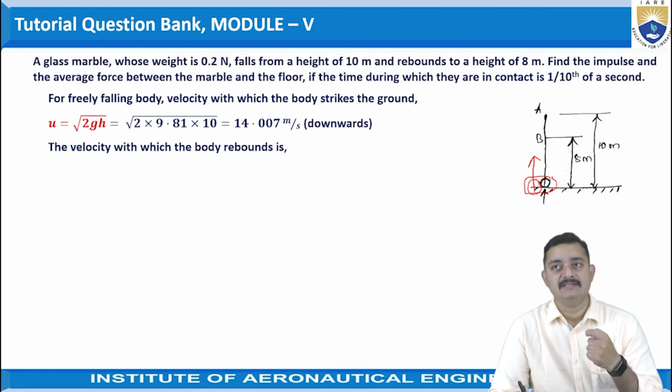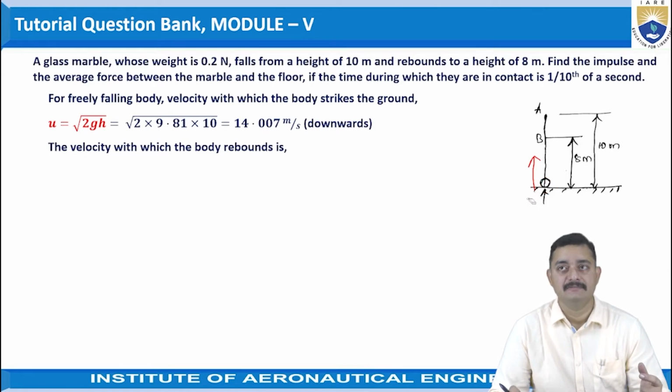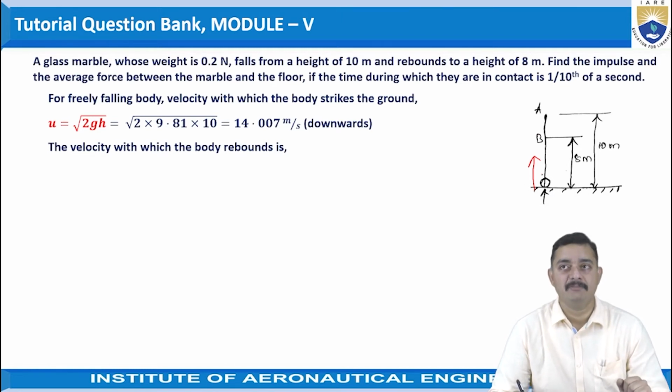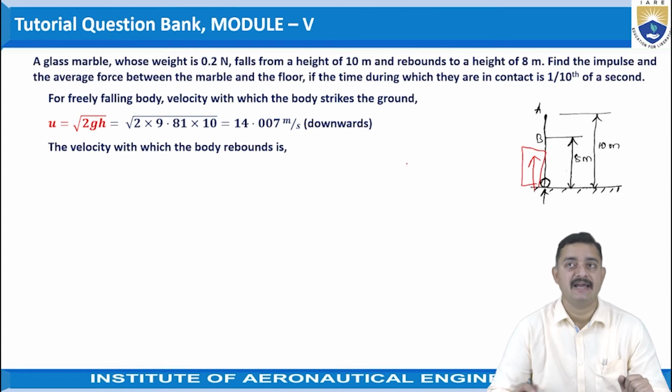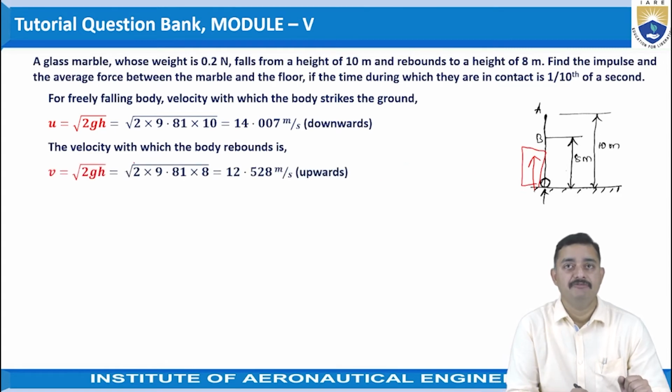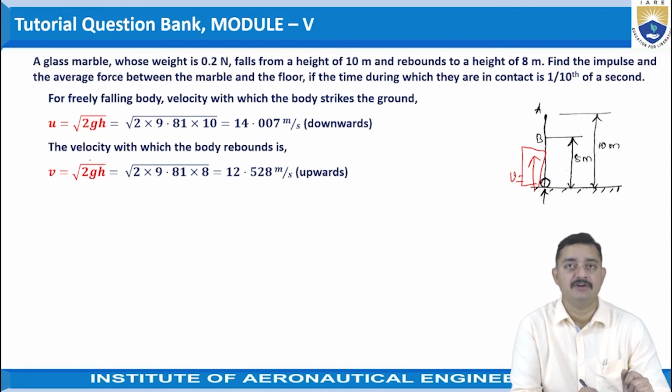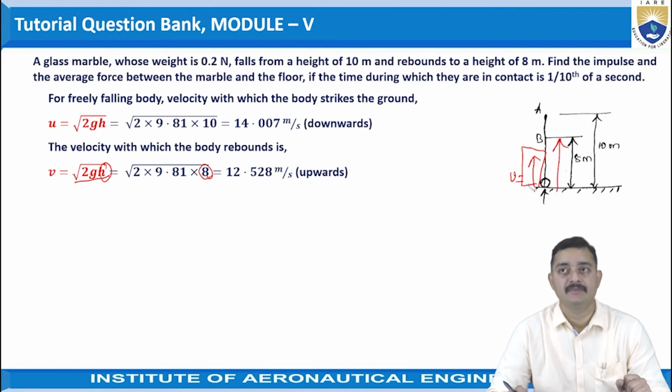As there is some impact happening at the ground, the starting velocity in the opposite direction, that is upward, is taken as v, and again at the same point we can consider that as under root 2gh, and this time the value of h would be 8 meters because it has traveled a distance of 8 meters.